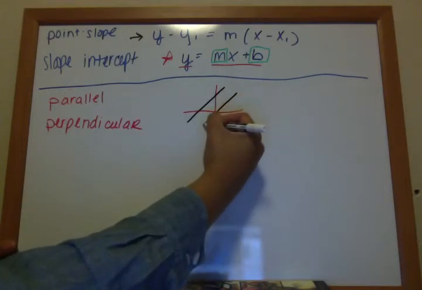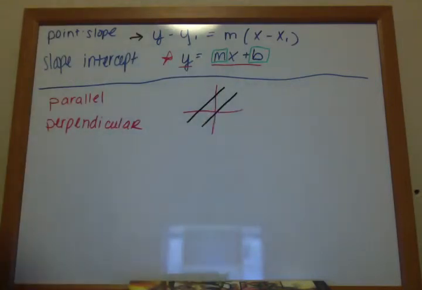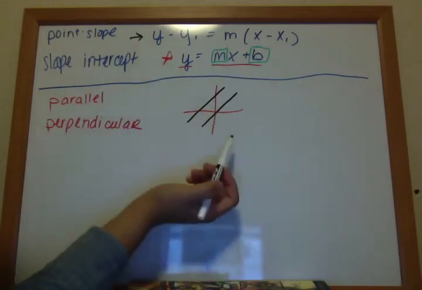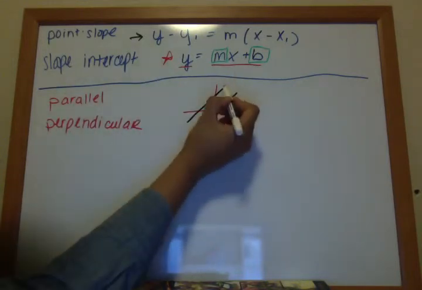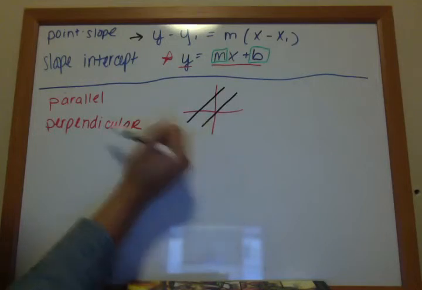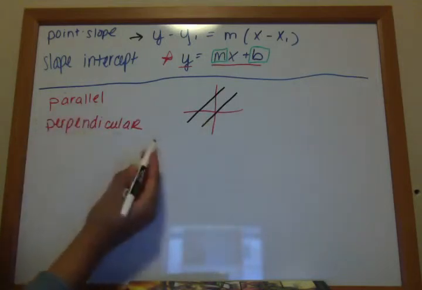It's kind of obvious. They're going to look like this. And essentially what that means is that their slopes are the same. So the slope of this line and the slope of this line will be equal.